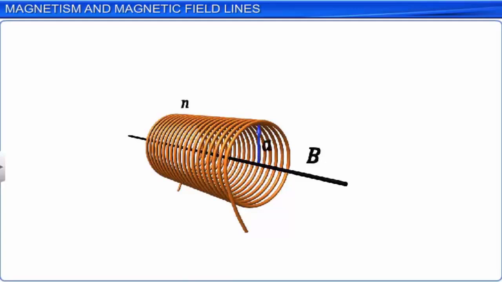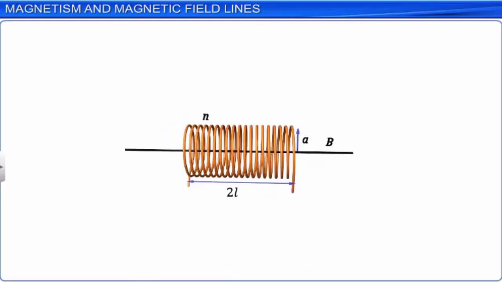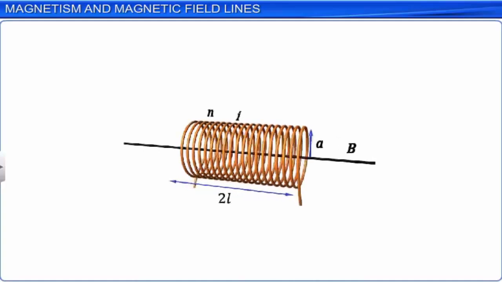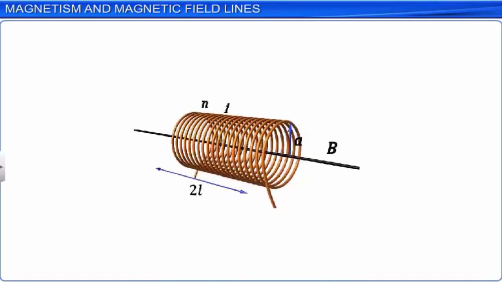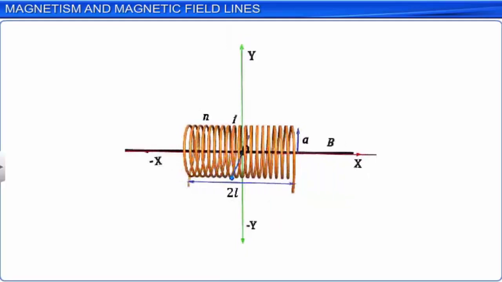Let A be the radius, 2L be the length, and I be the current passing through the solenoid. Let the solenoid be placed such that the axis of the solenoid is along the x-axis of the coordinate system, and its center coincides with the origin.